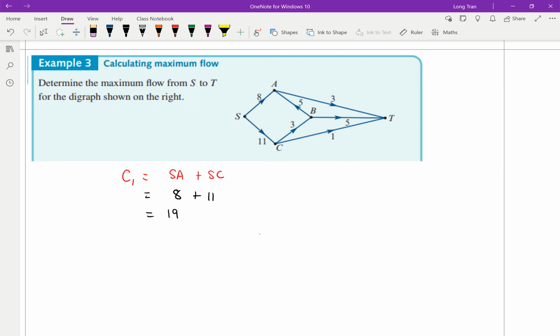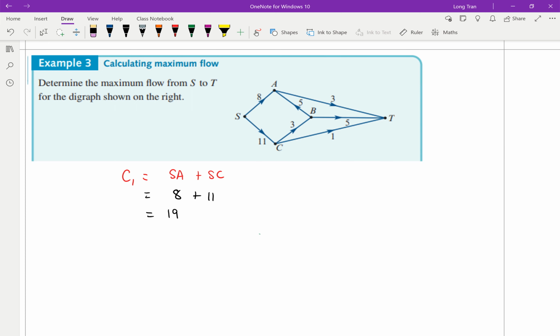So I've just done the first cut and I've selected these two edges. But it could have been other edges. I could have done this edge, this edge, this edge, and this edge, as an example. Or I can cut 8, 3, and 1. Do you see what I'm doing? So it didn't have to just be 8 and 11.